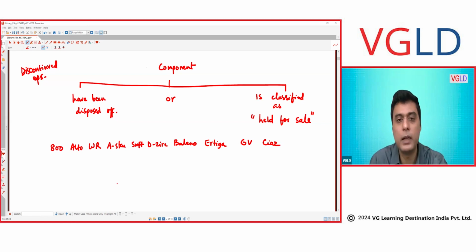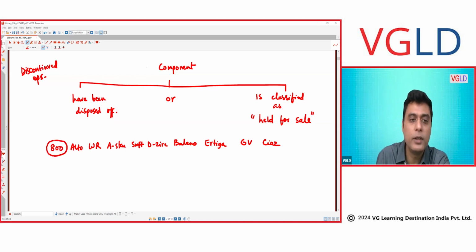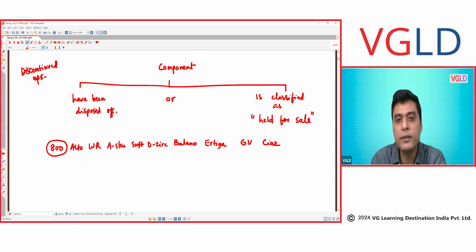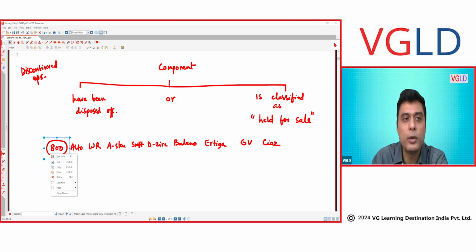Now, understand this carefully. Suppose Maruti 800 meets the definition of component. The definition of component is not given in your book, so don't worry about the definition. But does it meet the definition of a component? Yes or no? If it does, and Maruti as a company decides to dispose of this business of Maruti 800, the entire business, we are not talking about a single car.